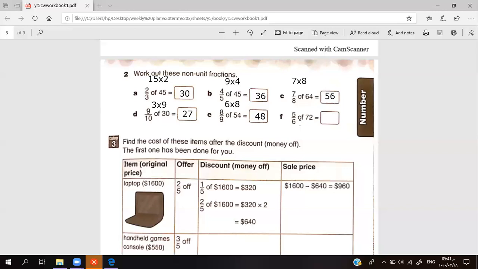Okay, I'm back, guys. Sorry. Now we're saying what times 6 gives me 72? It's 12. And then one part is 12. Now 12 times 5 is what? It's a 60.